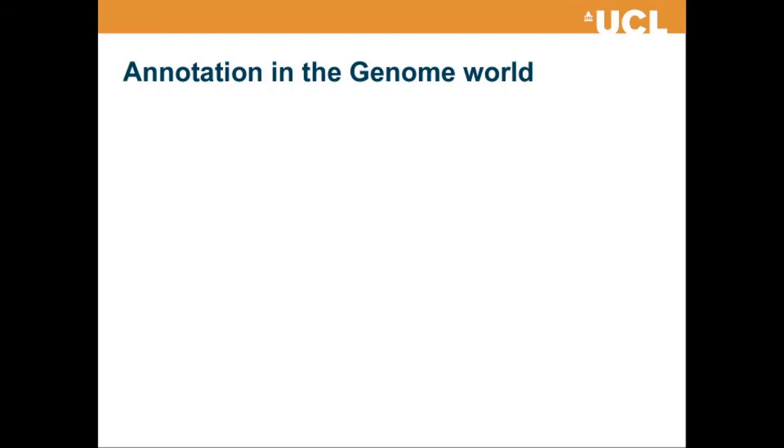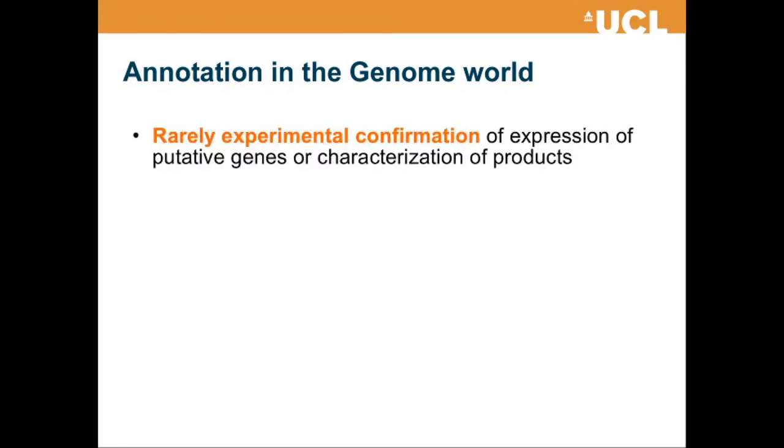These days, however, with the huge amounts of sequence data that are available, the huge amount of rapid, cheap sequencing that's done, there's rarely experimental confirmation of even the expression of putative genes or the characterization of gene products.